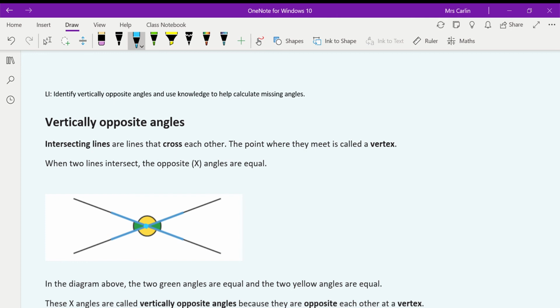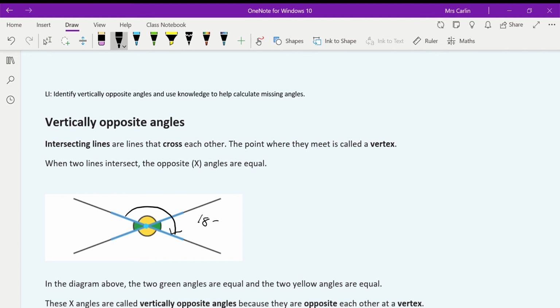So what you should be able to see from this diagram is that the two green angles are the same and the two yellow angles are also equal. What I'm hoping you also see is that it also gives us a straight line angle.